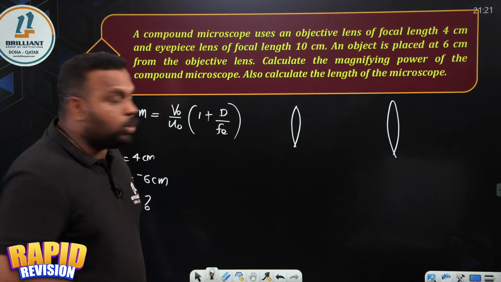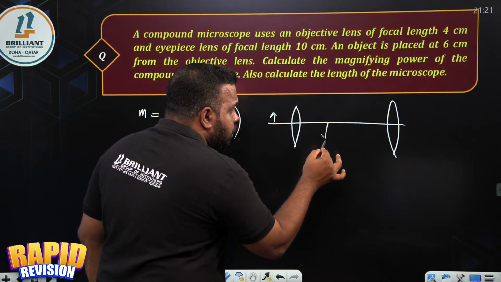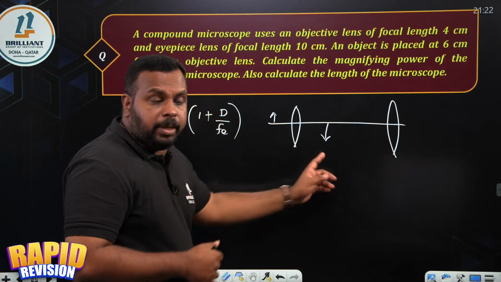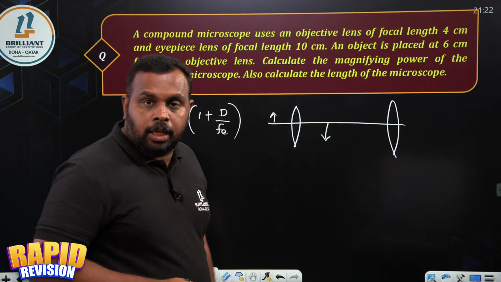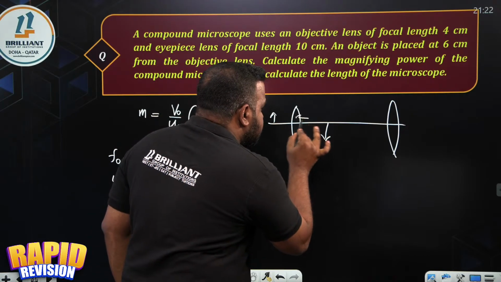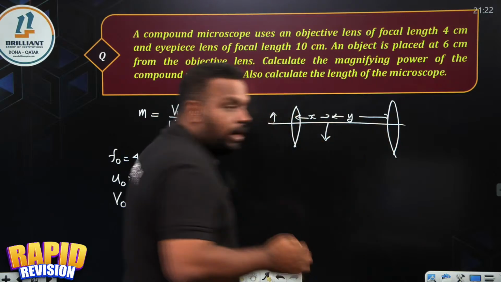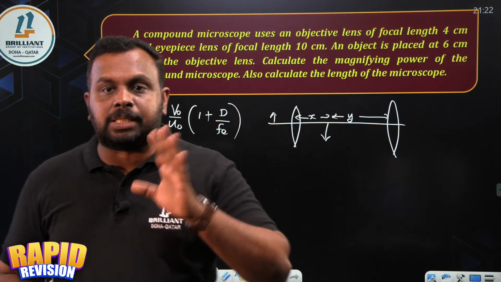If you keep an object here, it will form an image. For example, the image is formed here. That image acts as the object for the eyepiece. So if this distance is x and this distance is y, the length of the microscope is x plus y.